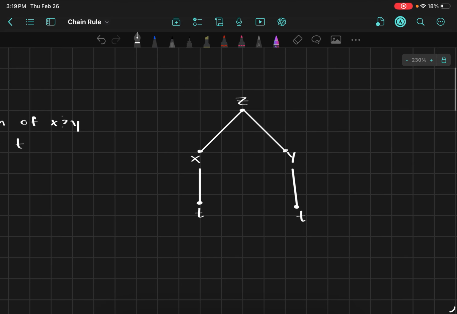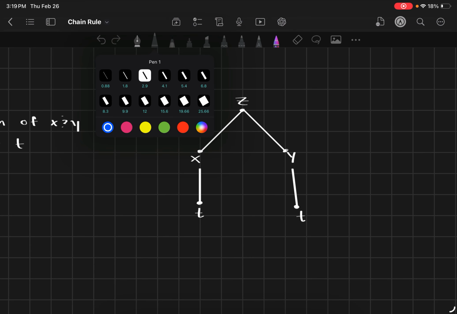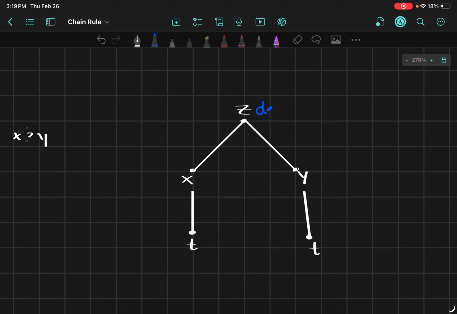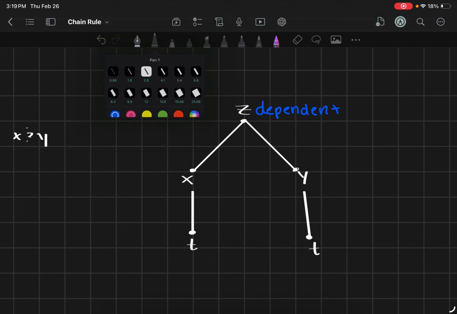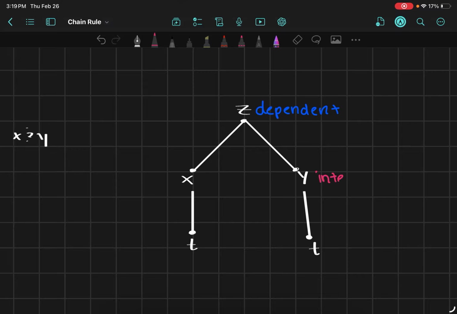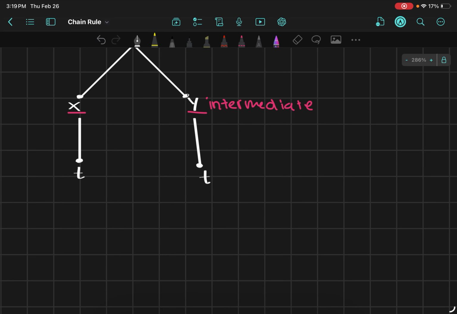So, essentially, we have this dependent variable right here. We're going to label it. We have a dependent variable, we have intermediate variables, and then we have the independent variables.